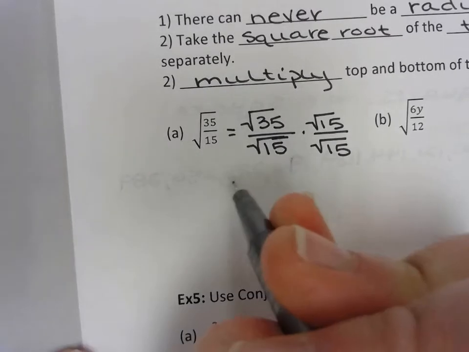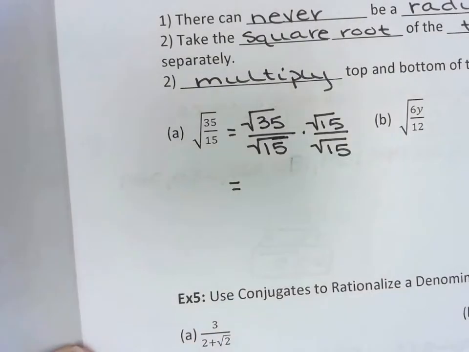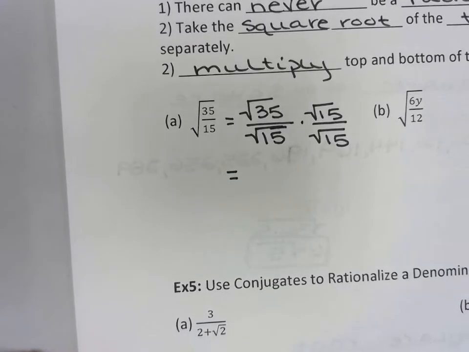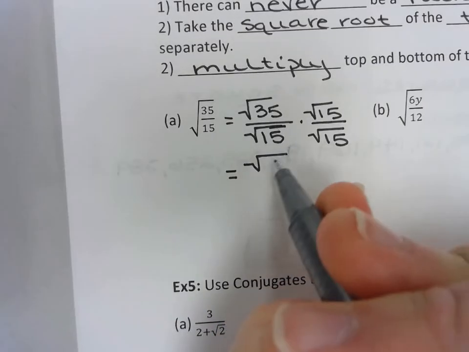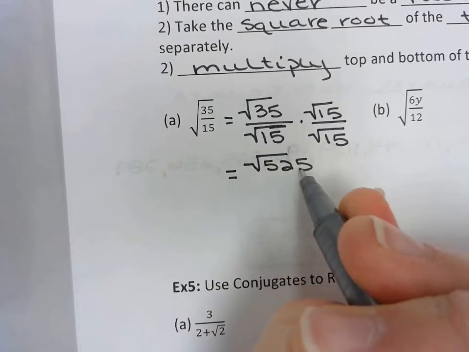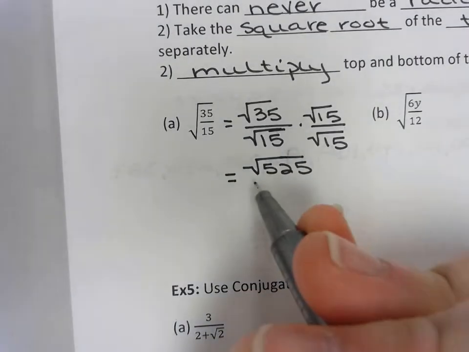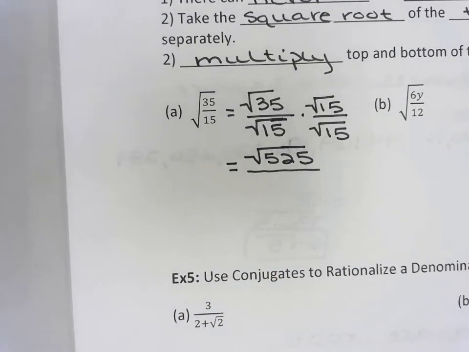So what is the square root of 35 times the square root of 15? Use your calculator. Square root of 525. Now, if I have the square root of 15 times the square root of 15, what is that?